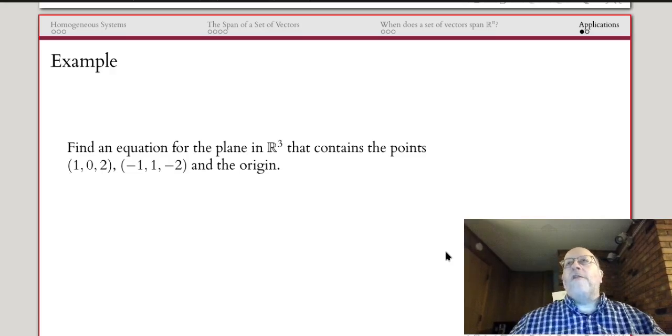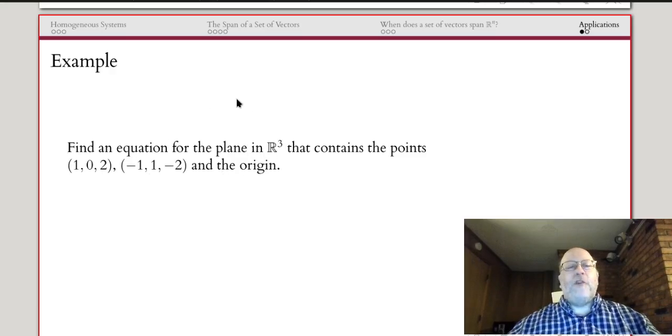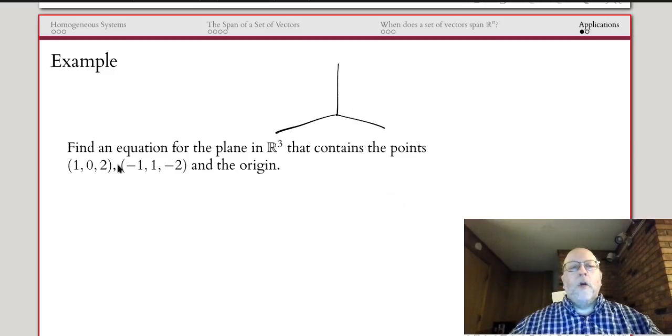We know that the span of two vectors forms a plane. Let's find an equation for the plane that contains these 3 points. So my points are the origin, 1, 0, 2, so that's 1 unit in the x direction and 2 units in the z direction.